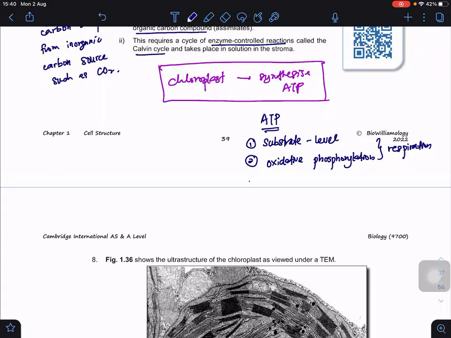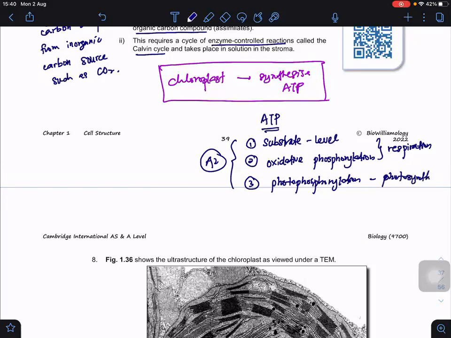Number 3 is called photophosphorylation. Now these are A2 topics, so don't worry at this moment. But objective questions can be quite confusing, and sometimes they like to ask this kind of question, so you should know this.